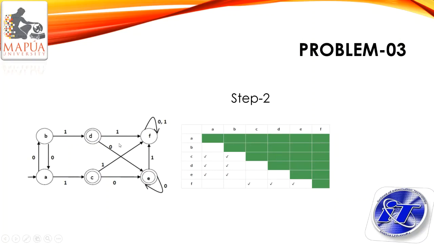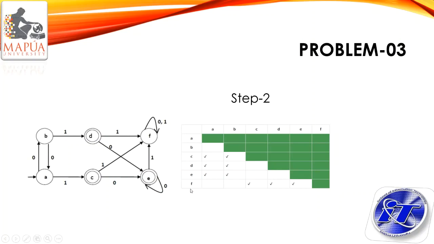How about DE? So DE, if it's 0, it will just go to E on both states. So E is not marked, so we're not going to mark it. And for 1, it will go to F for both states. FF is not marked, so therefore DE will also not be marked.